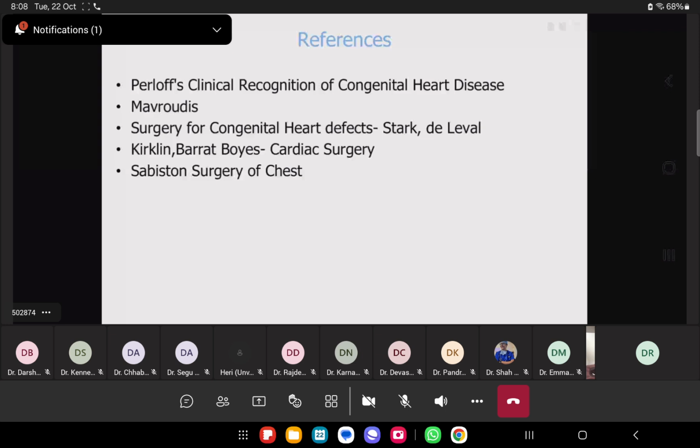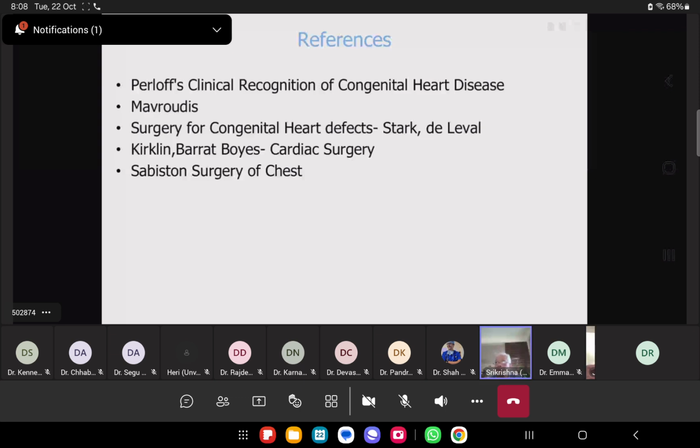TAPVC is one of the causes of cyanosis at birth, isn't it? Yes. So what is the differential diagnosis of a patient with cyanosis at birth? Sir, TGA, truncus arteriosus, pulmonary atresia.